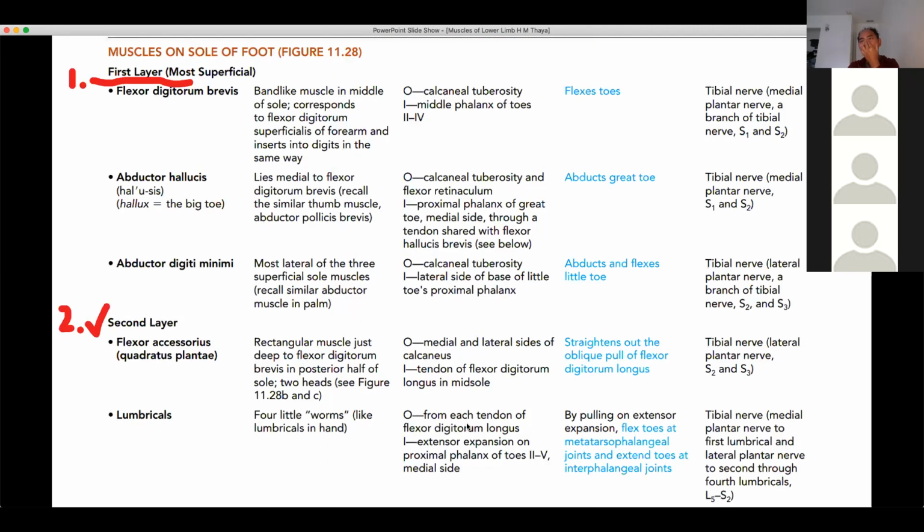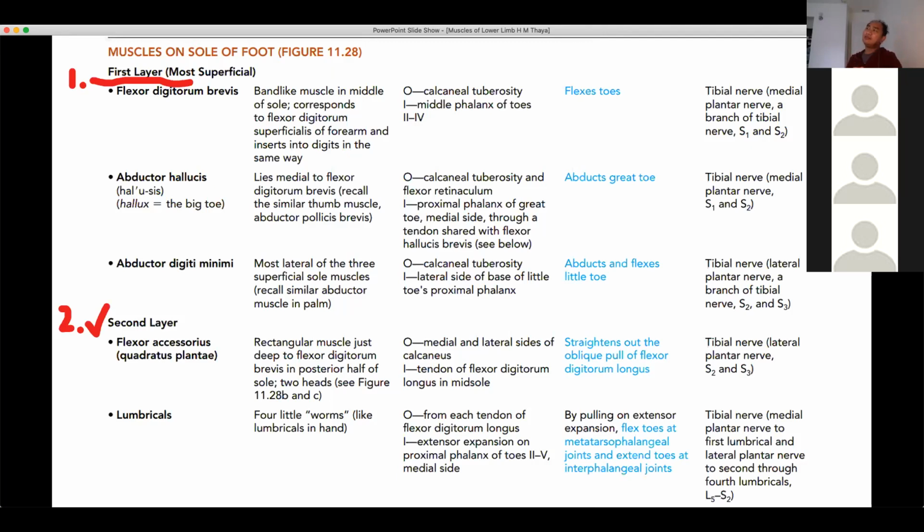Okay, so now the muscles of the sole of the foot. To some extent, for undergraduates, the muscles of the sole of the foot are not important, I would say.